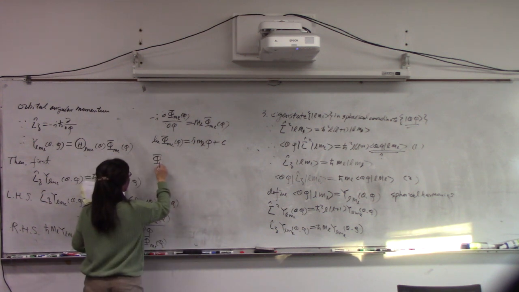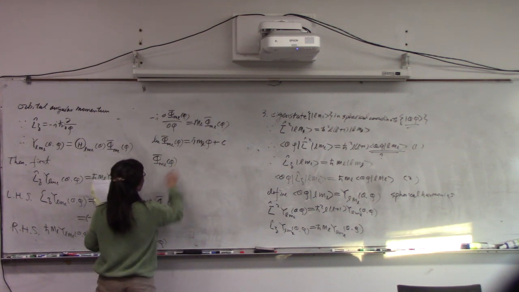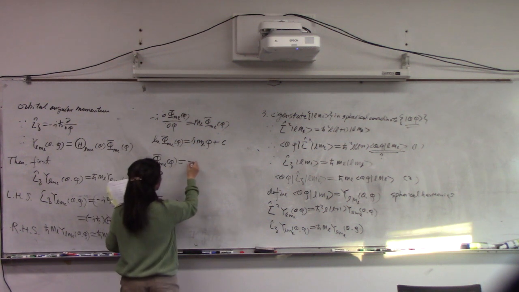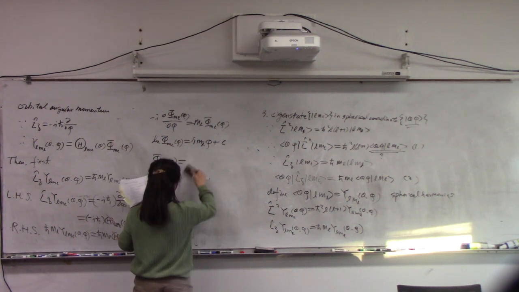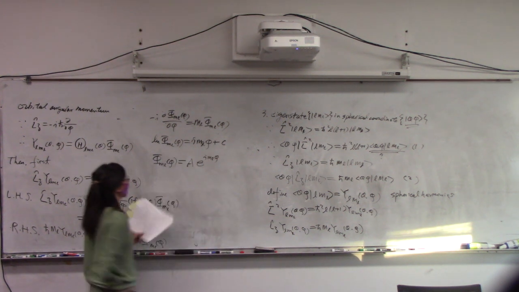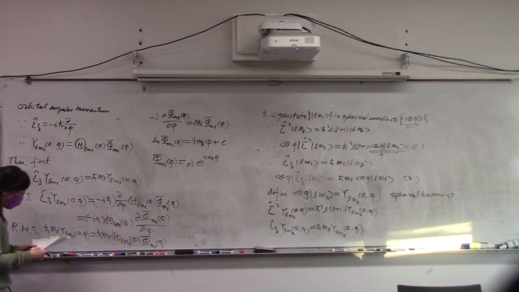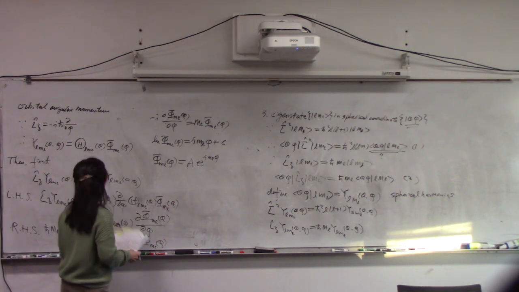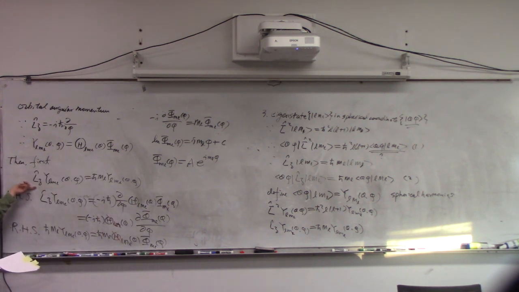Then finally we have this function capital Phi, which is an exponential. Let me use this A as a coefficient. So that is the function for L_z.